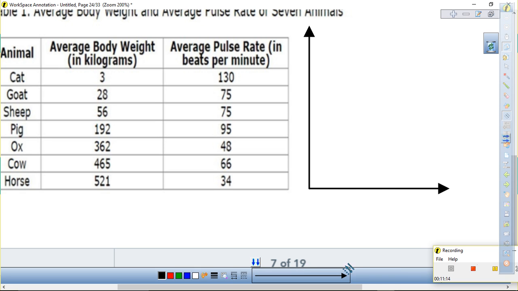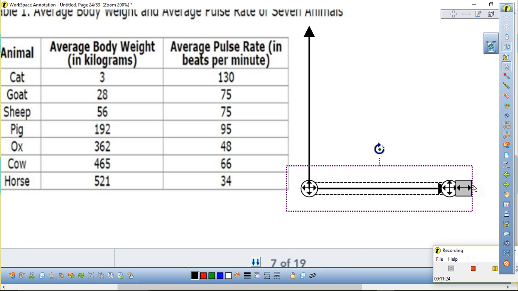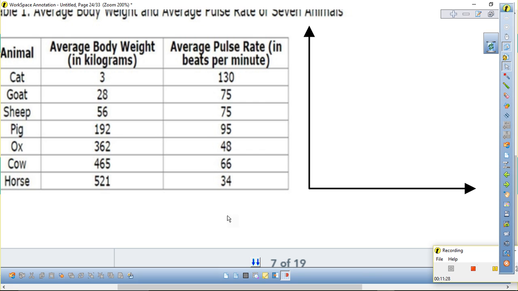The second part, since we only have so much space, talk it over with your neighbor and let them know what would be the scaling that you would use in order to represent some of this data here. What would be the scaling that you would use? Let's see, Gloria, what would be a scaling that you would use?